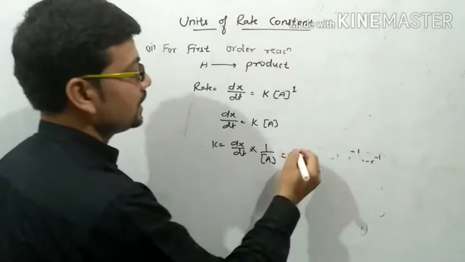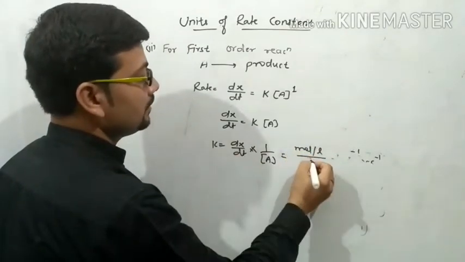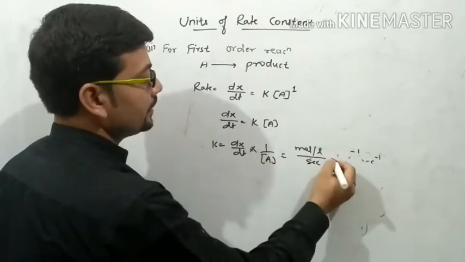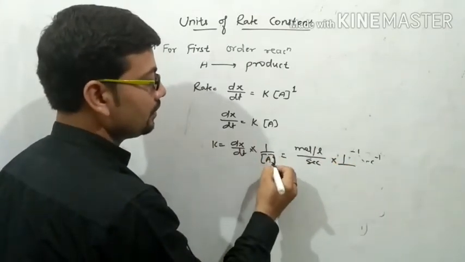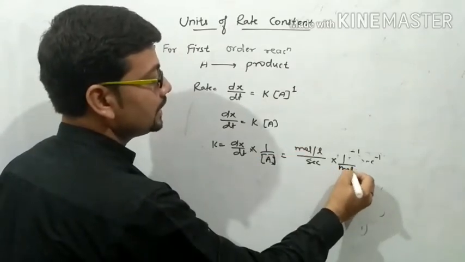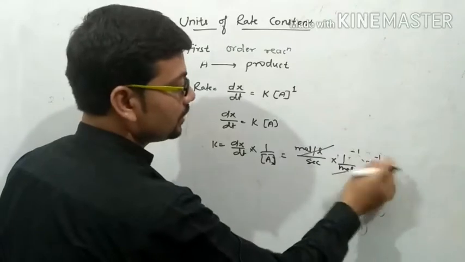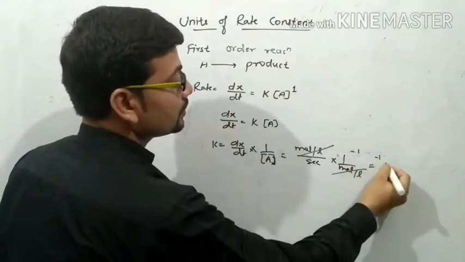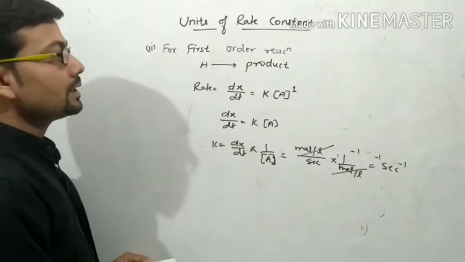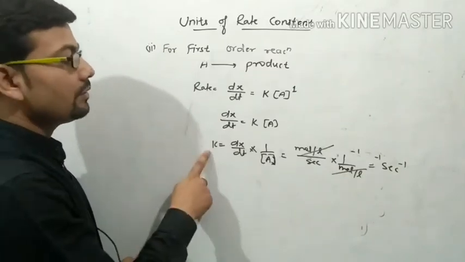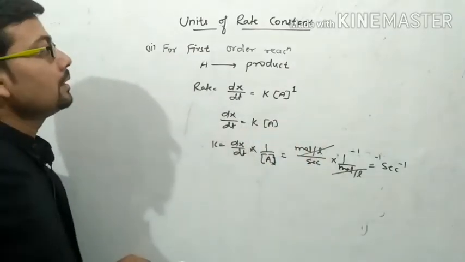Now dx has unit mole per liter, time is taken as second, into 1 upon concentration. Concentration is always taken in mole per liter, right? So mole per liter is cancelled out. So the unit is second inverse. So for first order reaction, the unit of rate constant is second inverse, right?